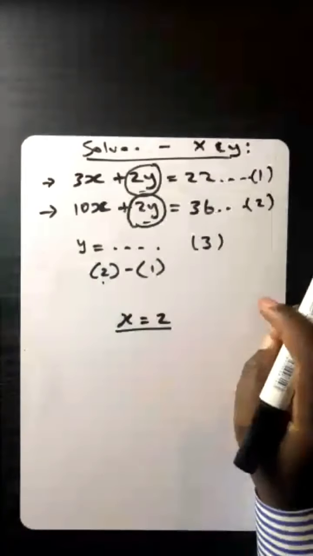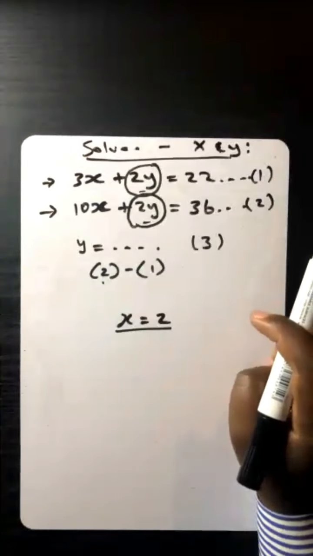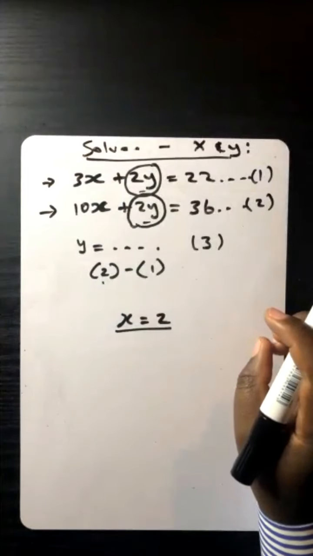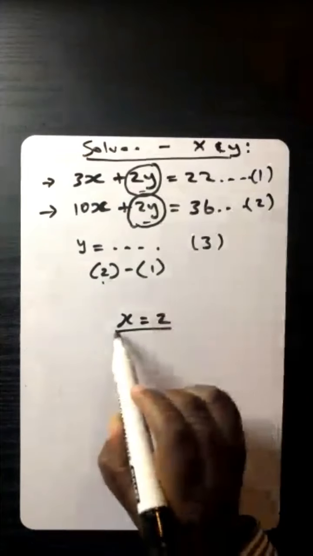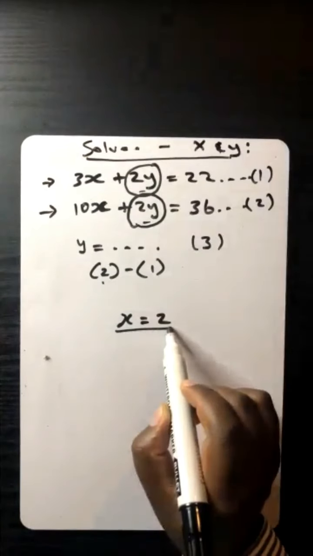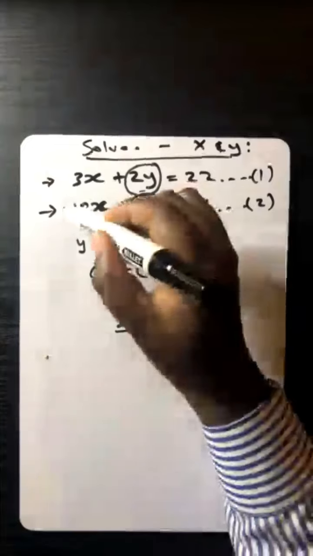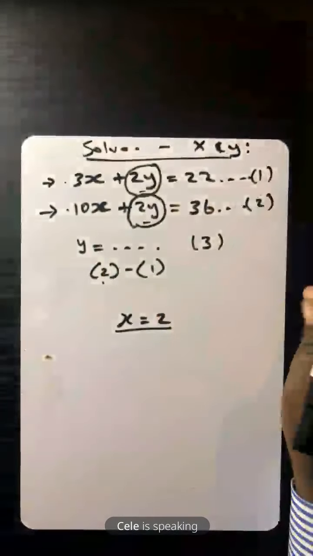Is it not so? Can you guess on that? Am I correct or wrong? Sir, can you repeat? So I'm saying now that we know the x value is 2, for us to find y, we can use any of these two equations. Is it true?